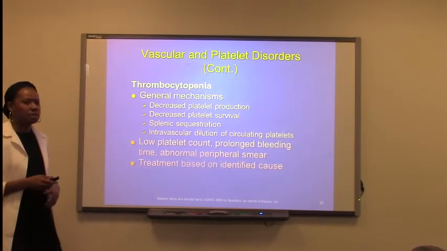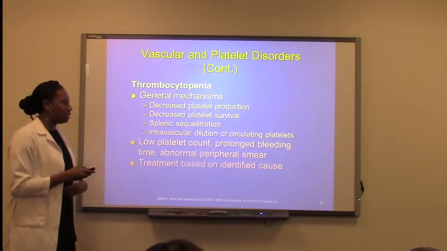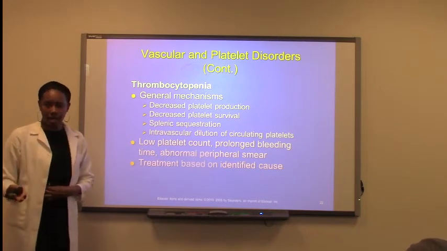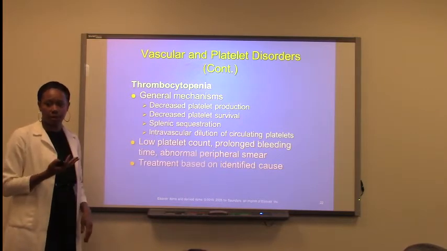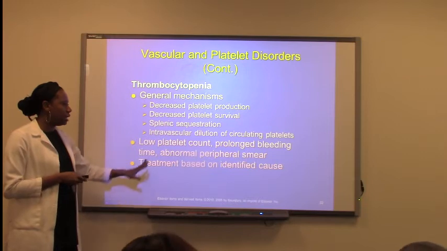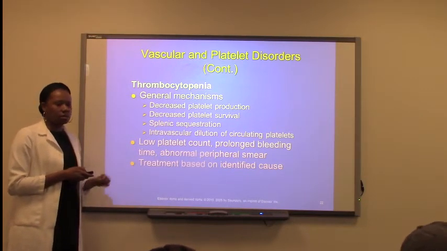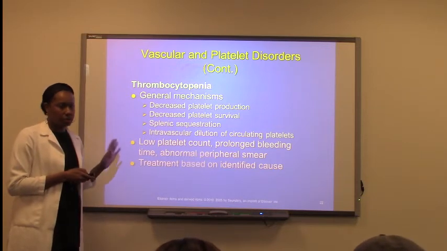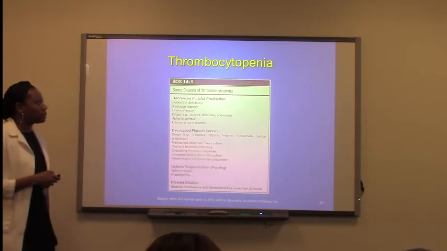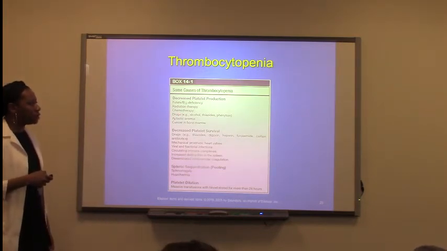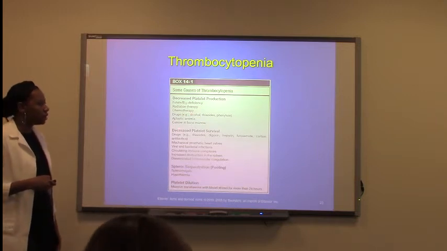So how do we detect this? We know that by blood work, if these patients have a low platelet count, prolonged bleeding time, which we already know will definitely tell us that the platelets aren't there or definitely not functioning the way they should, and also a peripheral smear. Again, treatment, whatever the cause is, you have to treat the cause. So here are some causes of thrombocytopenia. Some of these we already went over. Chemotherapy and radiation we know can cause that bone marrow suppression.